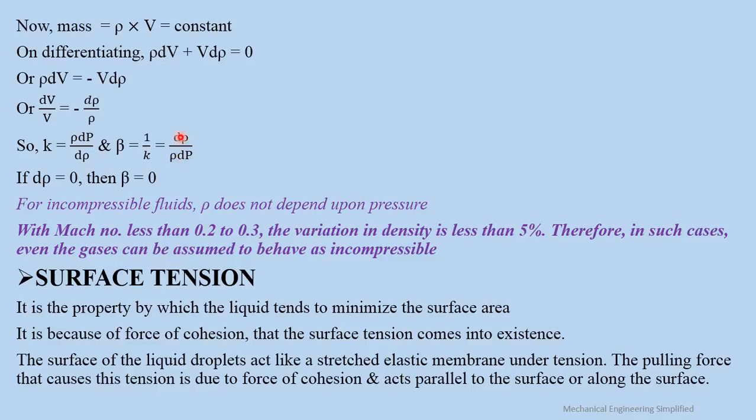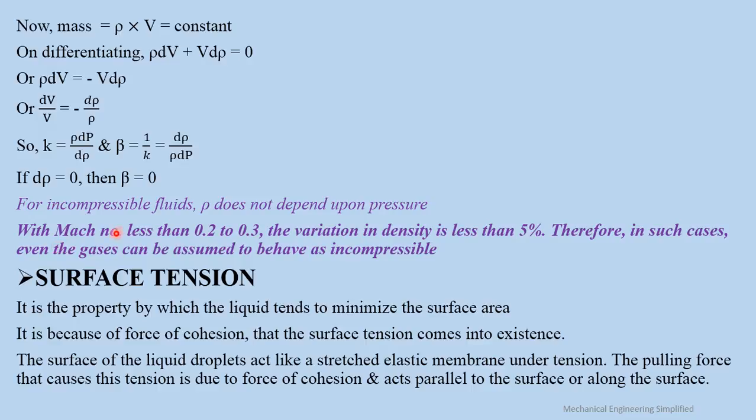So if d rho is equal to 0, then beta is 0. That means d rho 0 means it is an incompressible fluid, change of density is negligible. That means for an incompressible fluid, rho does not depend upon pressure, because d rho becomes 0 and beta becomes 0 for incompressible fluids. Then one more condition is there for incompressibility.